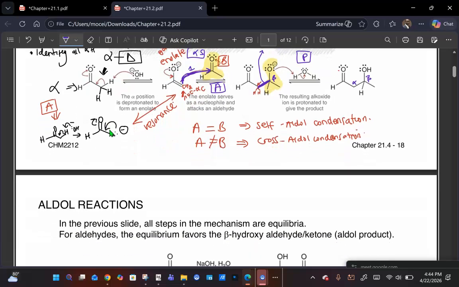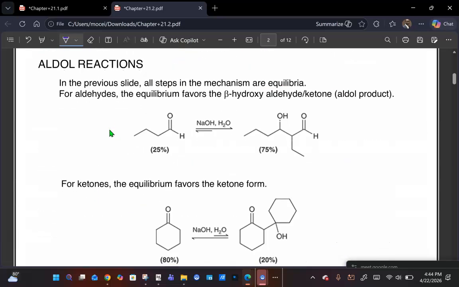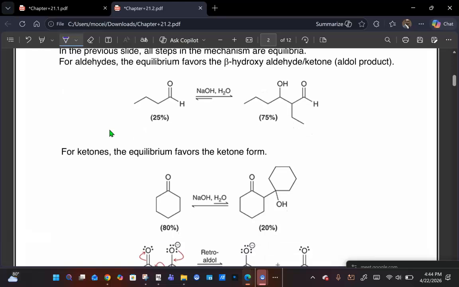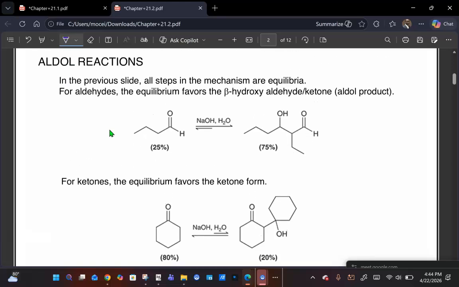So can you tell me where the new bond is in this one? I want to teach you. Where is the new bond? Between which two carbons? Thank you. So if this was self, I will not tell you because you already see.